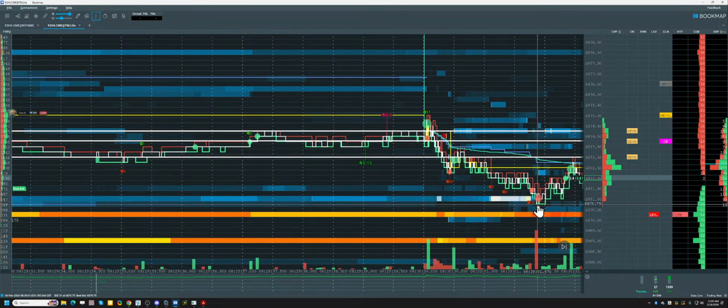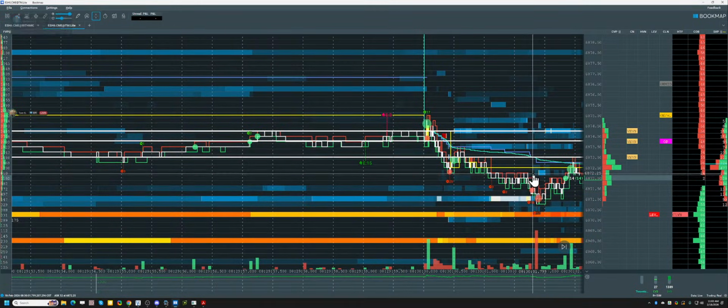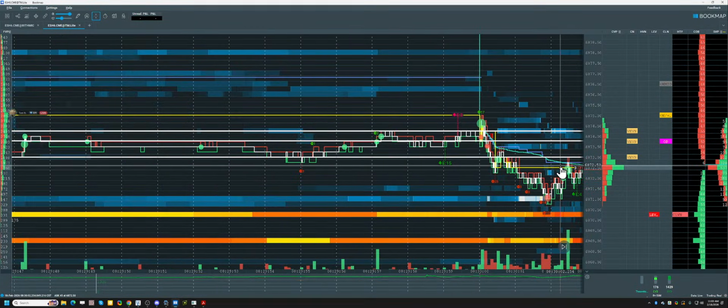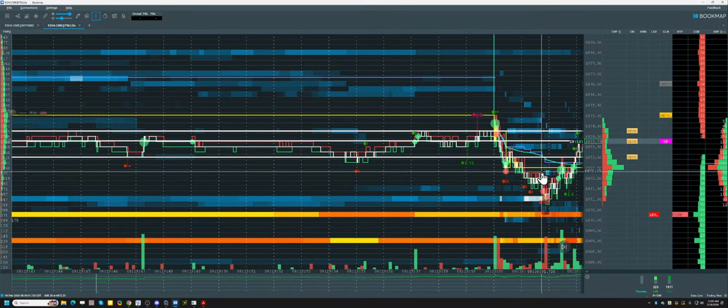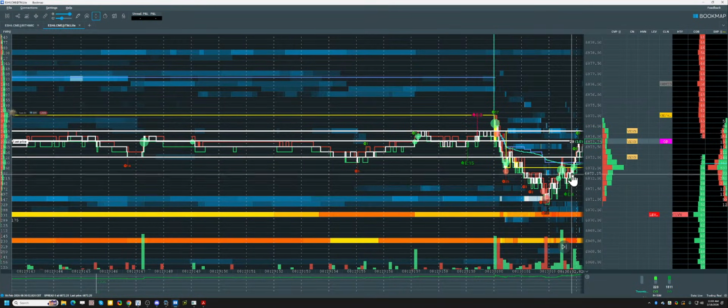So I see absorption here, which I won't know until I cross above here and I break high. Now I have a trigger and my support in the microstructure is there. If it's there and I cross here, which is resistance, I can buy it here. My stop is going to go there.